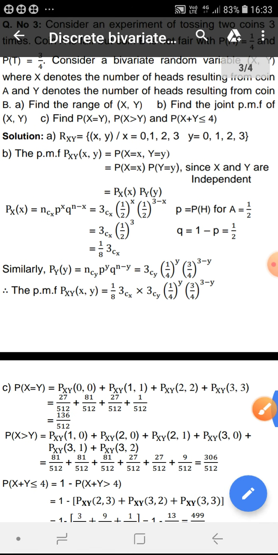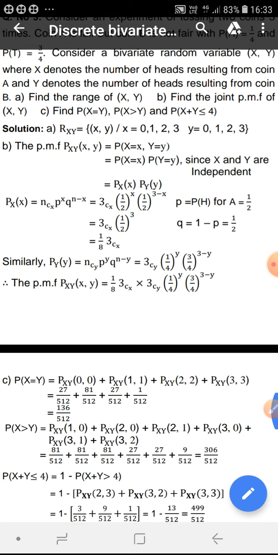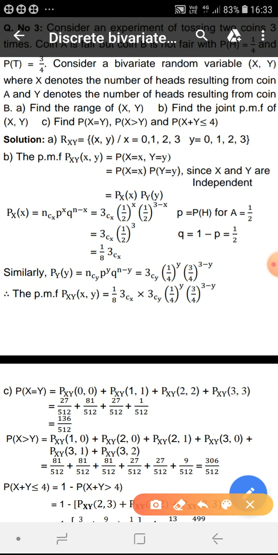Last one. Probability that the sum x plus y will be less than or equal to 4. Among these x and y values, you need to consider those x and y values where the sum will be less than or equal to 4. 0,0 not possible, 0,3 not possible, 1,3.